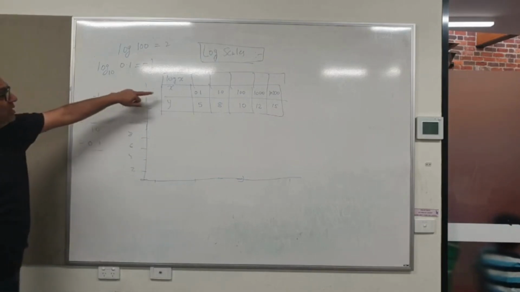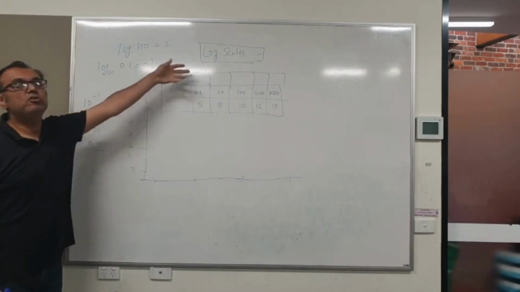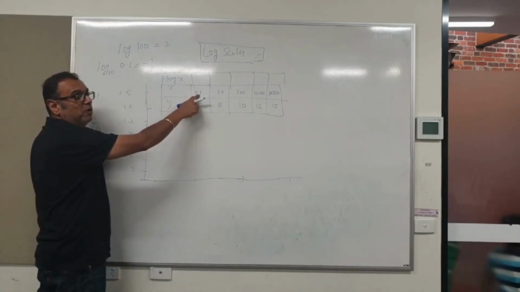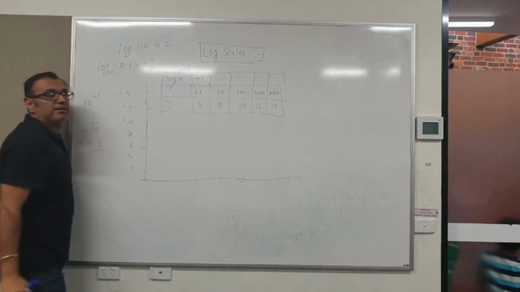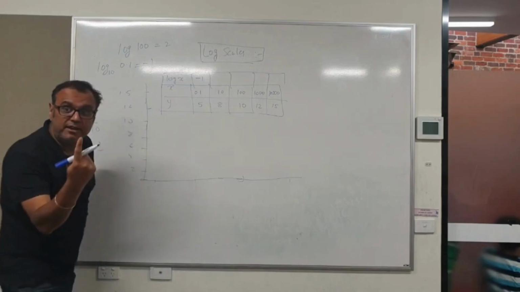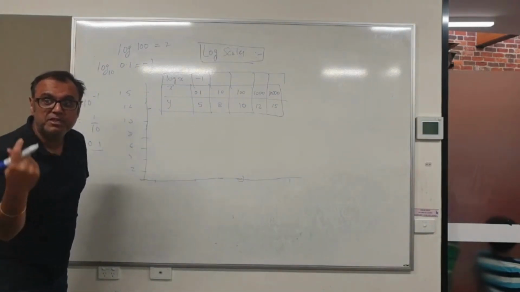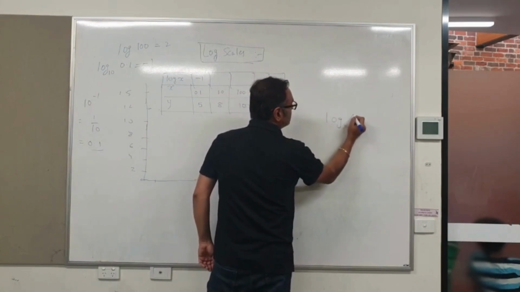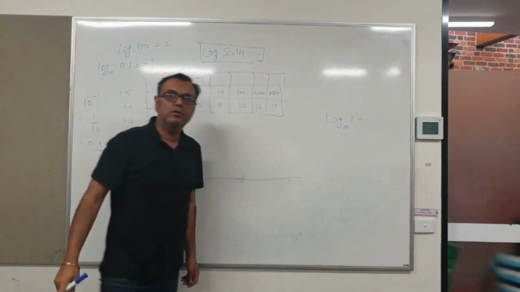Now let's convert this x into log values. What will be log of 0.1? We just calculated as negative 1. What will be the log of 1? Tell me, what will be the log of 1? If I say log base 10, 1 is equal to how much?